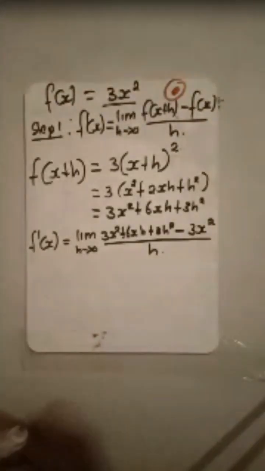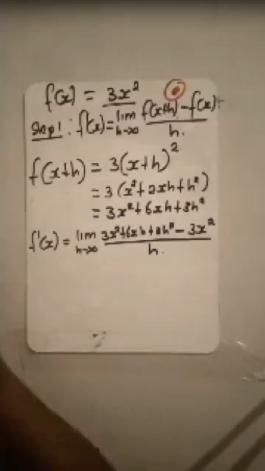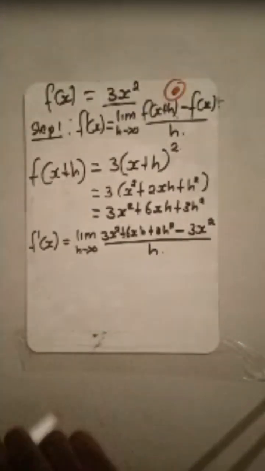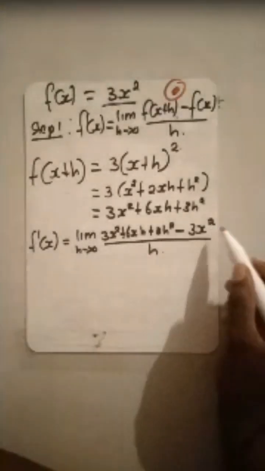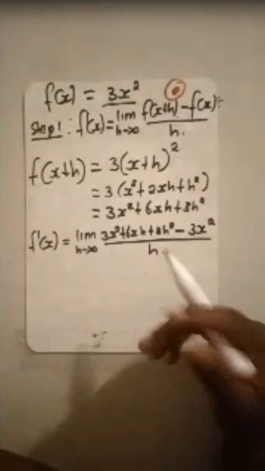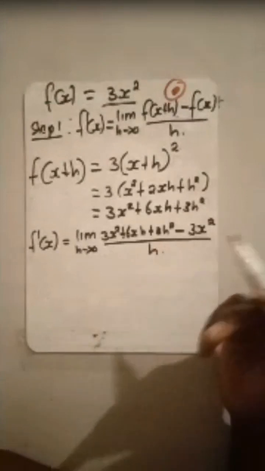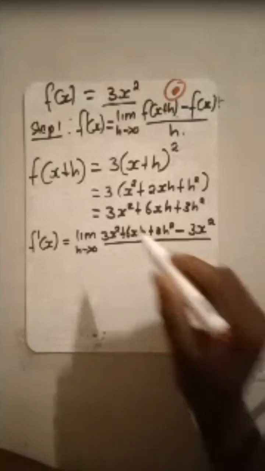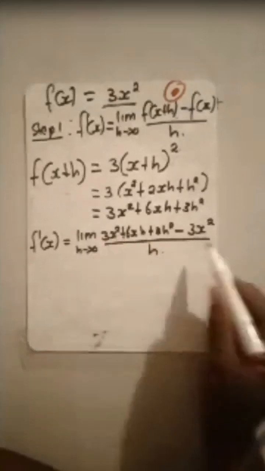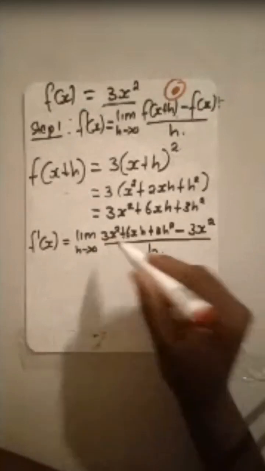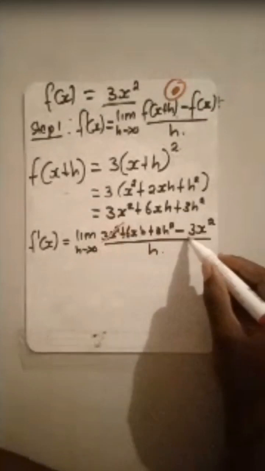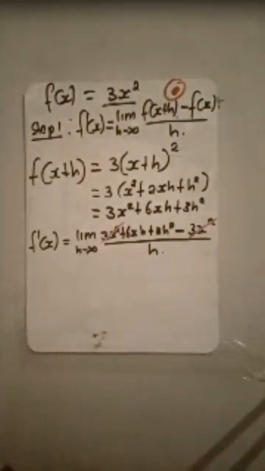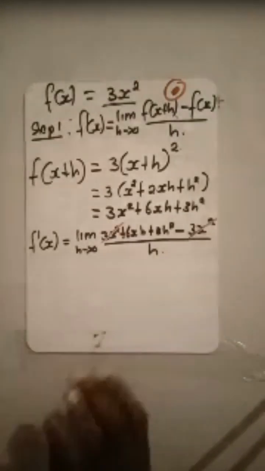From our knowledge from grade 8 and 9, I don't know when last you did grade 8 and 9, you can actually see that they are like terms. Remember that like terms can add or they can subtract. So these are the like terms, 3x squared minus 3x squared. These ones are going to subtract, so you are allowed to take a pencil and cancel like that to show what's happening there. These ones have subtracted and they have cancelled.